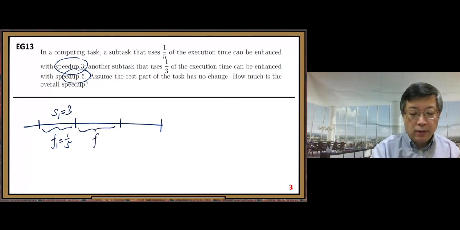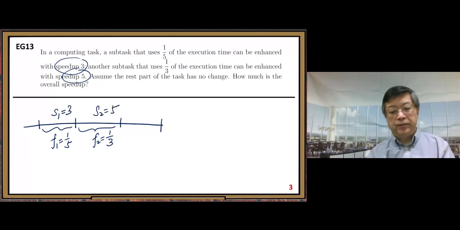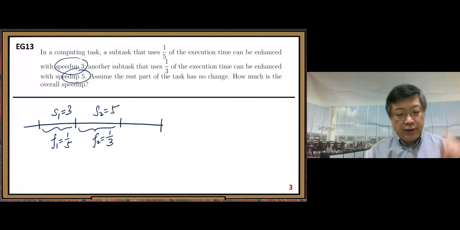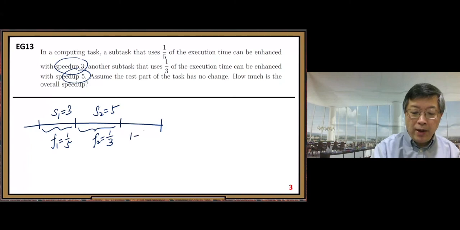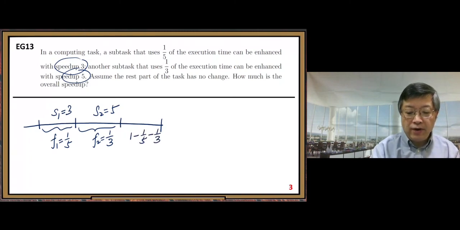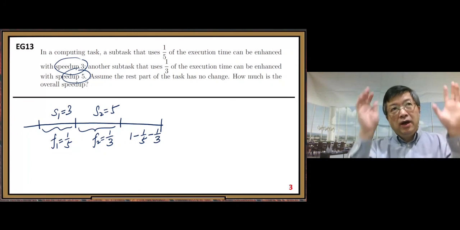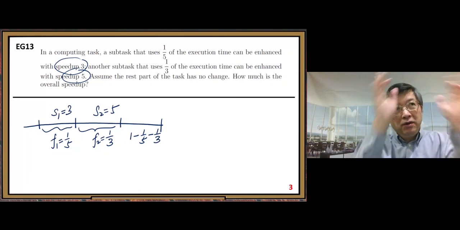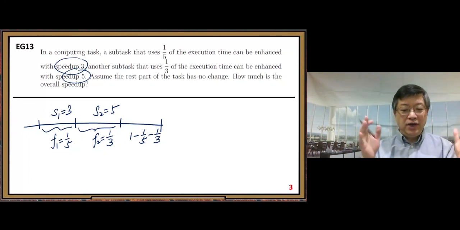F2 equals 1/3, with S2 equals 5. The remaining part, 1 minus 1/5 minus 1/3, has no change.